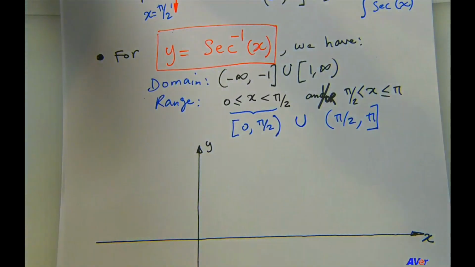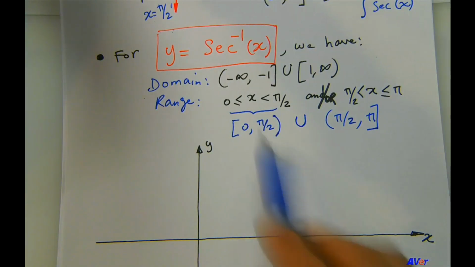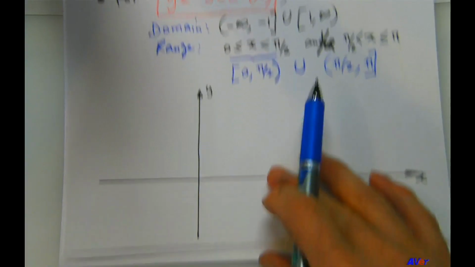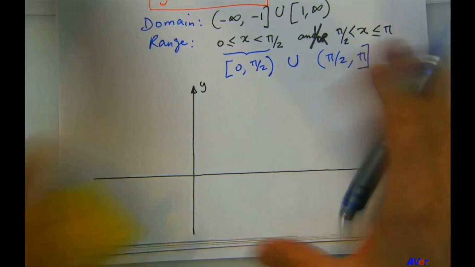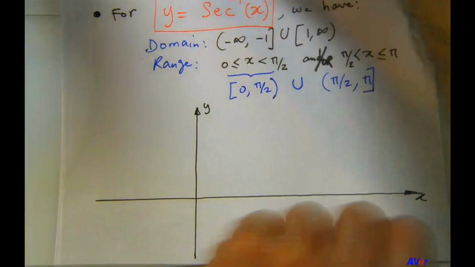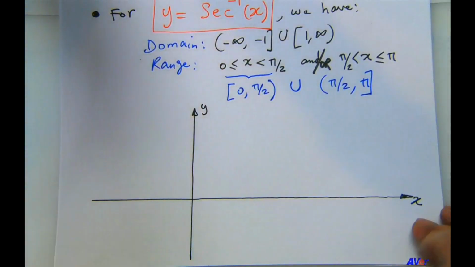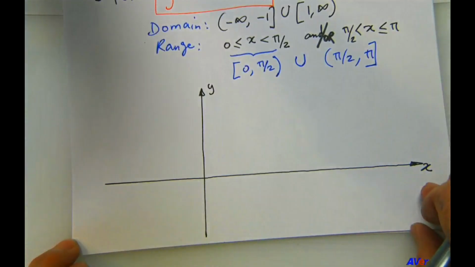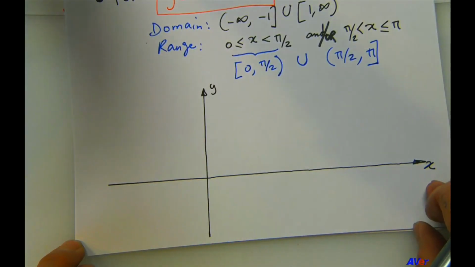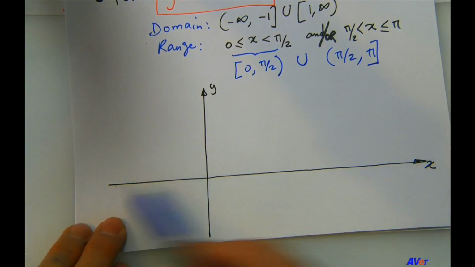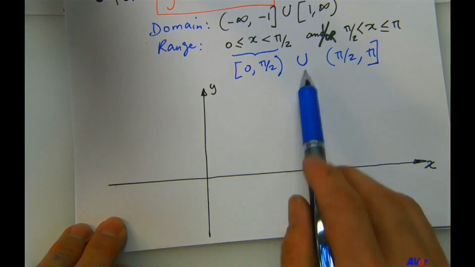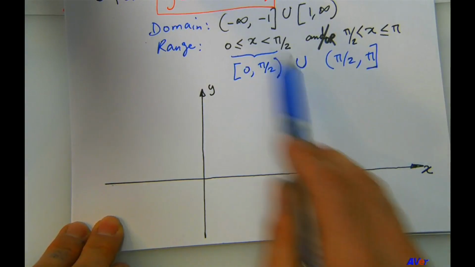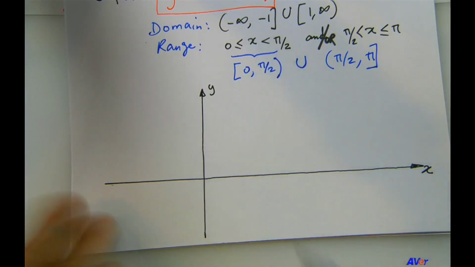So we're going to have the range 0, which is that. Let me move this up so you can see this. Okay, so this is 0, line 0, to pi over 2.